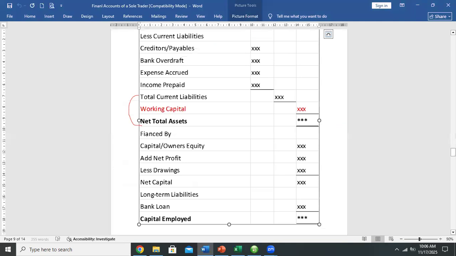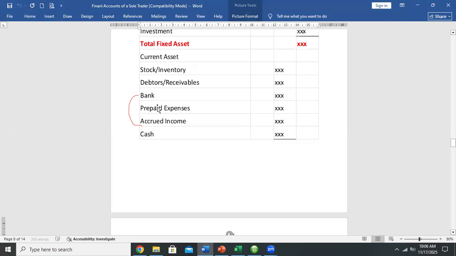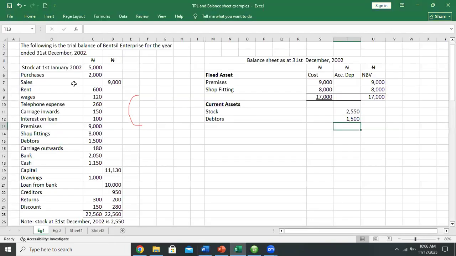So you see, we've taken our stock, our debtors. We are looking for prepaid expense, accrued income. Then we look for the bank and cash. So let's check the question. Professors, if you comb through this, you don't see anything like prepaid attached to any of these items. Neither are you seeing any accrued or any owings here.